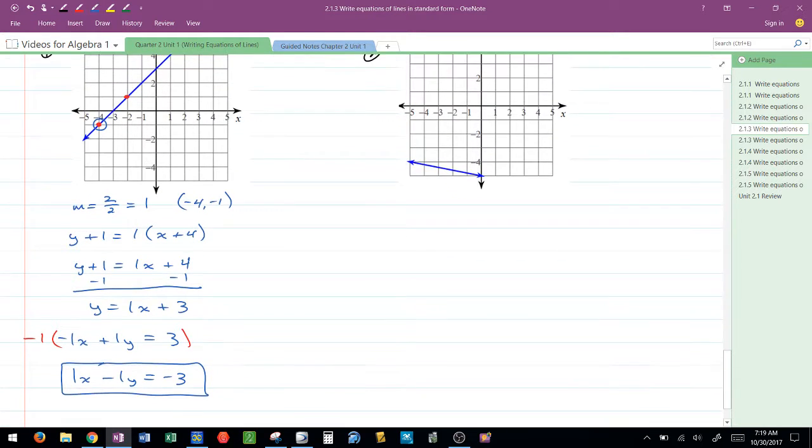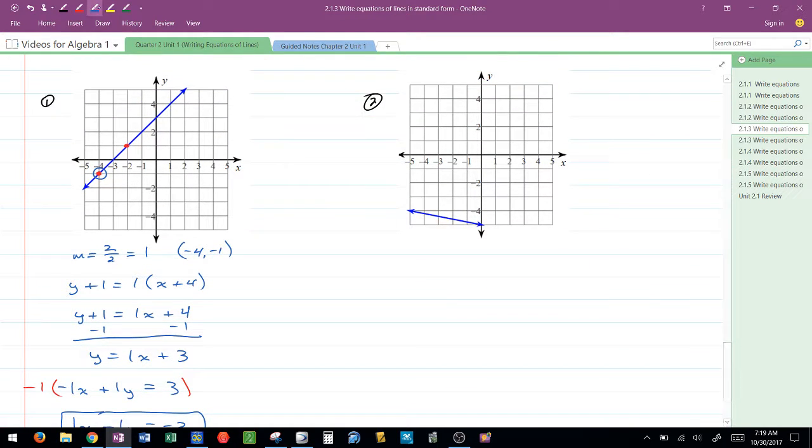All right, so let's try one more of these. I'm going to identify, let's see here, this point and this point. So the slope here would be down 1, and 1, 2, 3, 4, 5 to the right. I'm going to name that point.